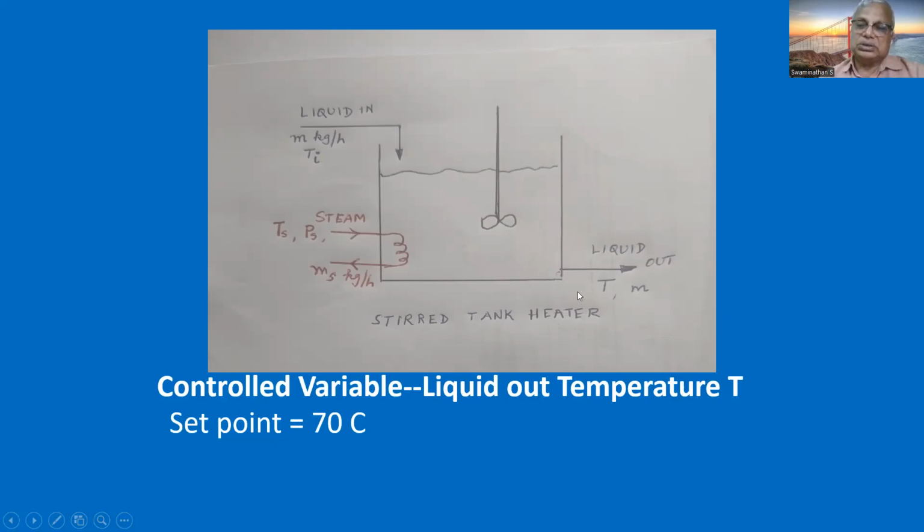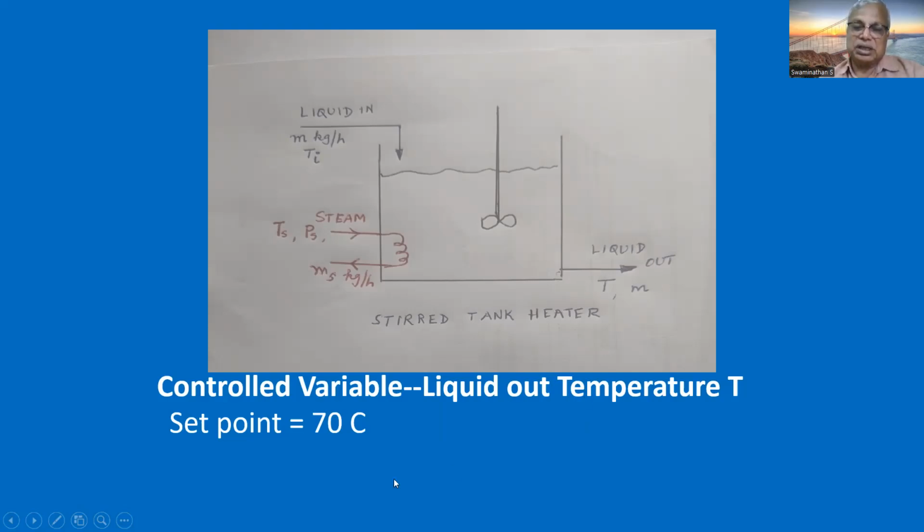Then error. Suppose the set point is 70 degrees. At a particular time, you measure this temperature and say it is 75. Instead of 70, it is found that the liquid outlet temperature is 75.